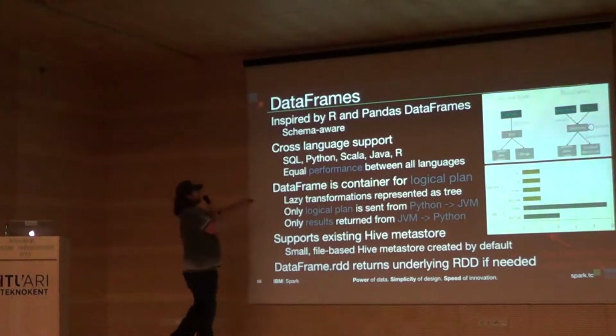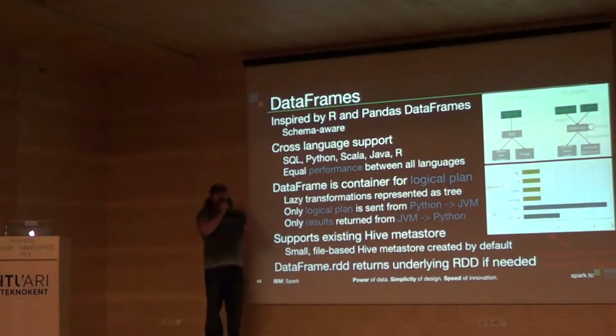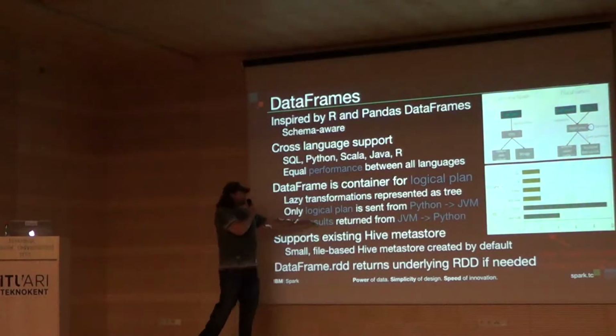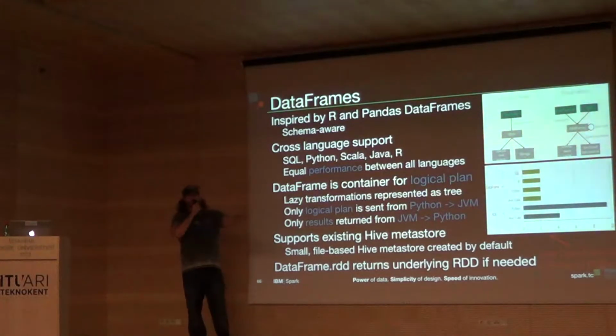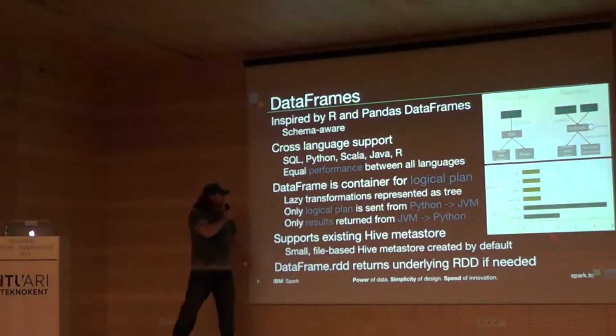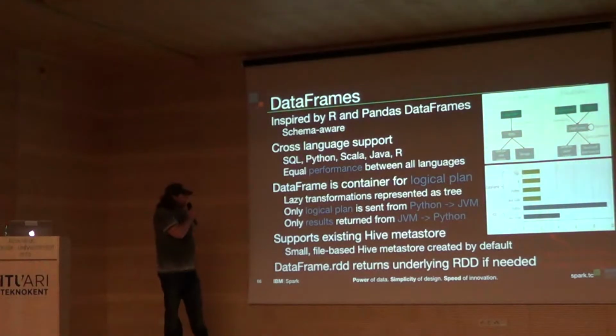That tiny little plan gets serialized from the Python process to the JVM, and then gets expanded into all the Tungsten Spark goodness. Catalyst takes a look at it, can start to optimize, move things around, flatten filters, and then just the results. So all the processing happens within the JVM, and just the results come back through Python.